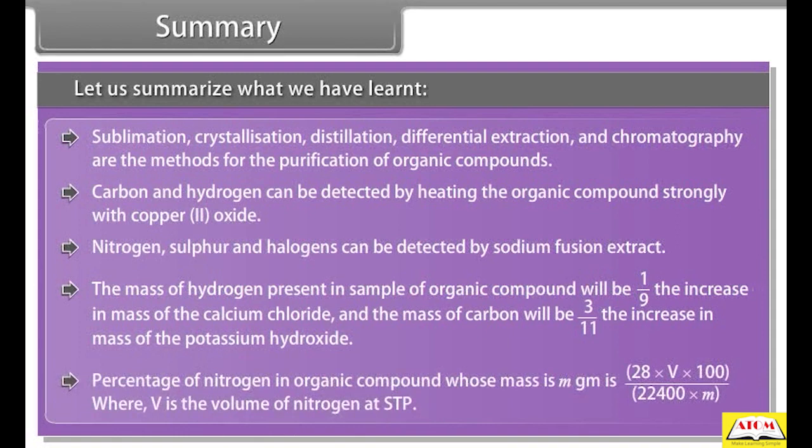Percentage of nitrogen in an organic compound whose mass is m gm is 28 into V into 100 divided by 22,400 into m, where V is the volume of nitrogen at STP.